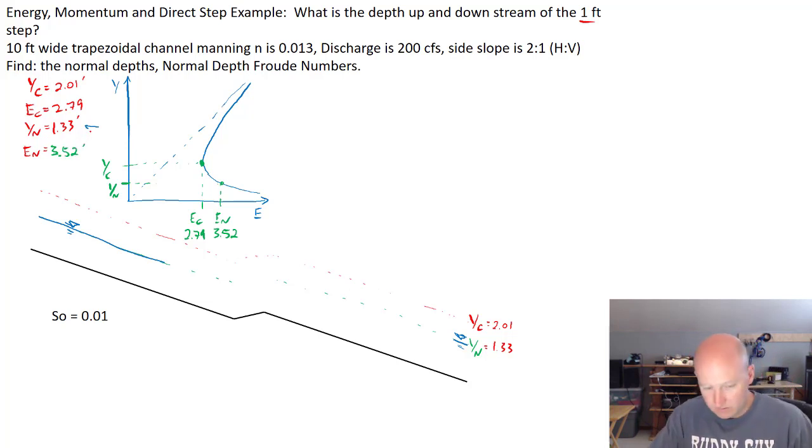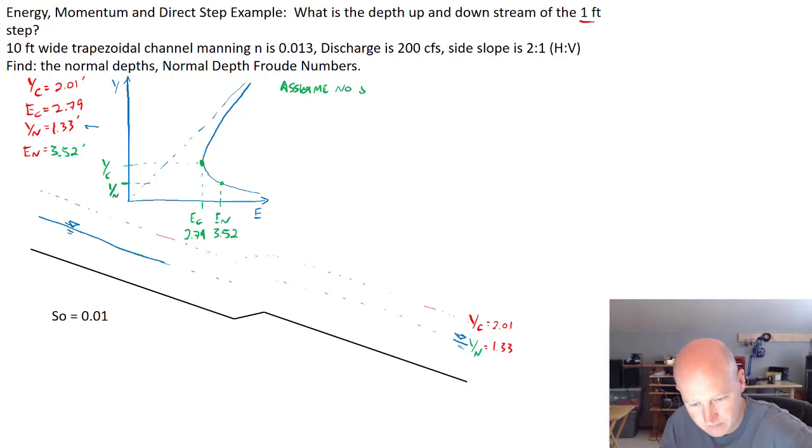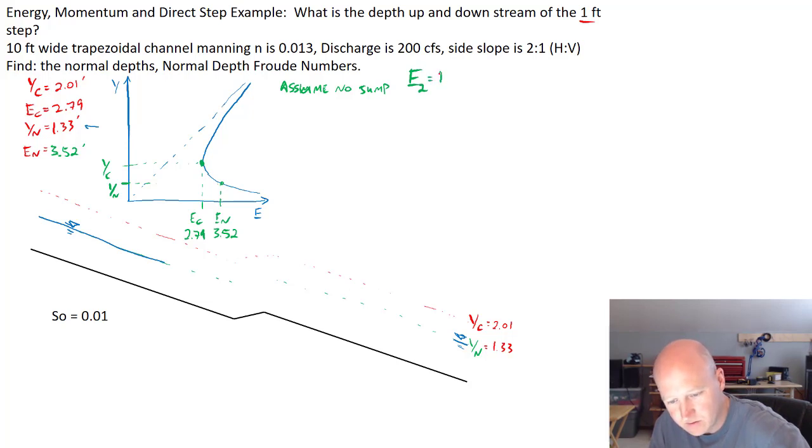Okay, so first thing we're going to do is we're going to assume no jump. And we've already worked this problem once, this exact same layout, but just with a different step height. And so we know that using the Bernoulli concept that energy 2 is equal to energy 1.